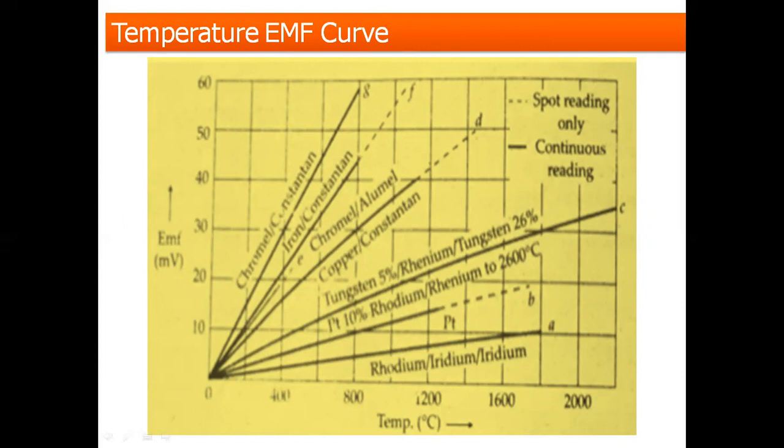Okay, so if you want a very high range, you have to see from this curve whether the range of operation that you're working upon is suitable or not. Okay, so this is for different kinds of combinations of metals, showing how the voltage is generated with the change in temperature, right?